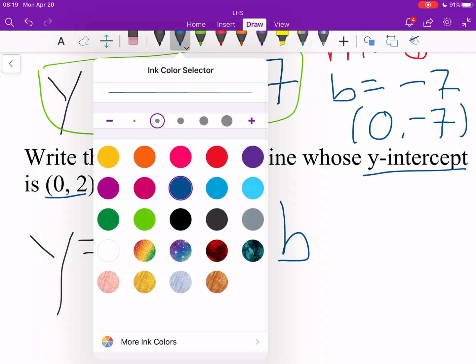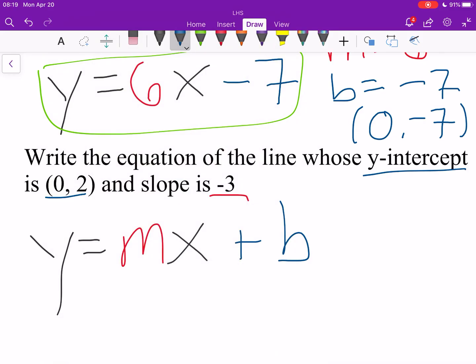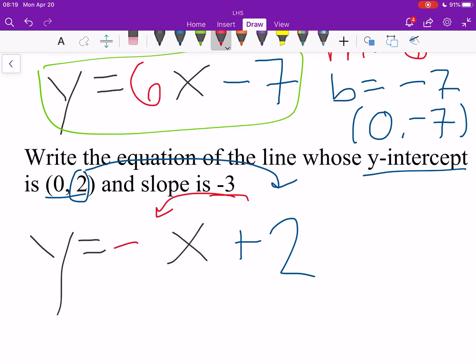Figure out what the y-intercept is here. I see that the y value is 2 for the y-intercept, so that's going to go where I see b. In this case, I can leave that plus sign because it's a positive 2. Y equals mx plus b. And then the slope is going to be a negative 3. So I'm going to put negative 3 in front of x, making sure I include that negative sign.